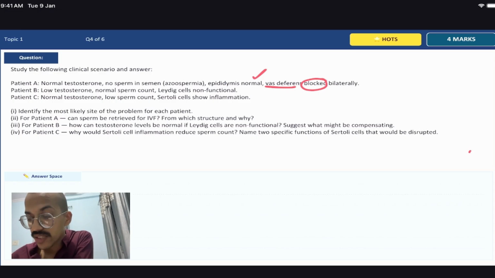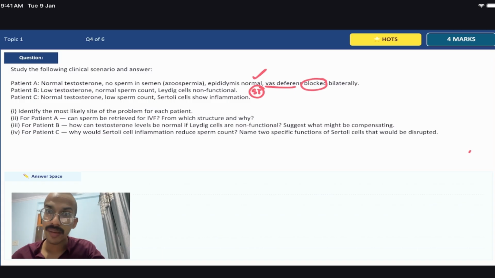Second case: low testosterone, normal sperm count, Leydig cells non-functional. So what is the problematic area? The interstitial tissue, not the seminiferous tubules. Then the third case, patient C: normal testosterone, low sperm count, Sertoli cells show inflammation, meaning there is a problem with the Sertoli cells.